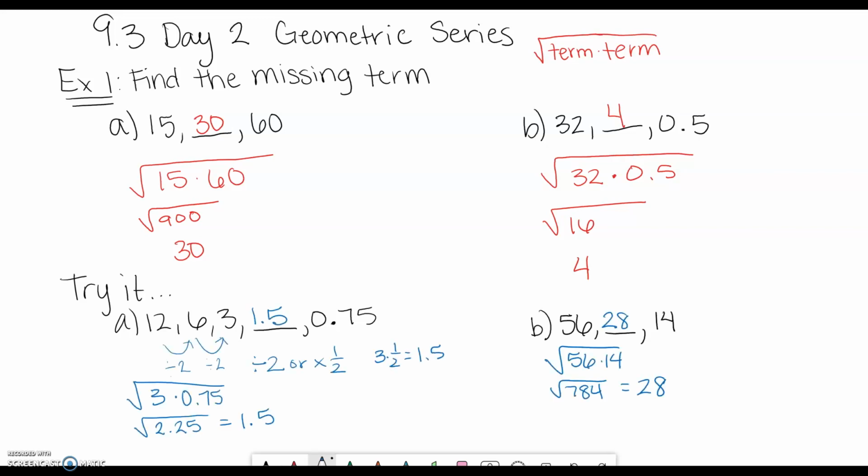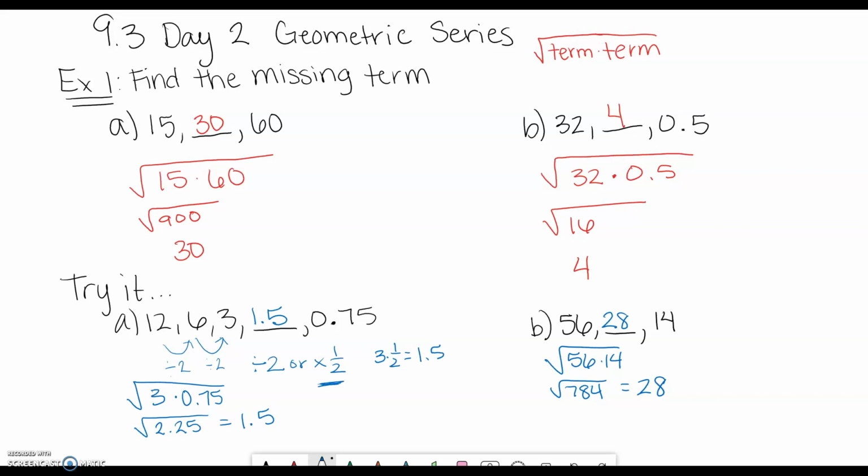Okay, so if you looked here, 12 to 6 is divided by 2. 6 to 3 is divided by 2. But remember when we said the definition of geometric is multiplying by something? So we see that it's getting smaller, so dividing by 2. But we want to write it in terms of multiplication. So in terms of multiplication, it's multiplying by 1/2.